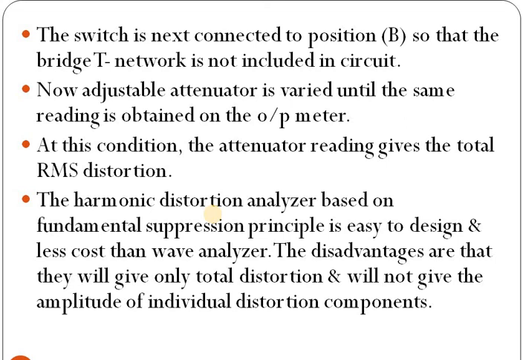That is the difference between them. The harmonic distortion analyzer provides total harmonic distortion and is easily designed at low cost, whereas wave analyzers have a more complex structure and high cost. This is the comparison of the harmonic distortion analyzer with the wave analyzer.